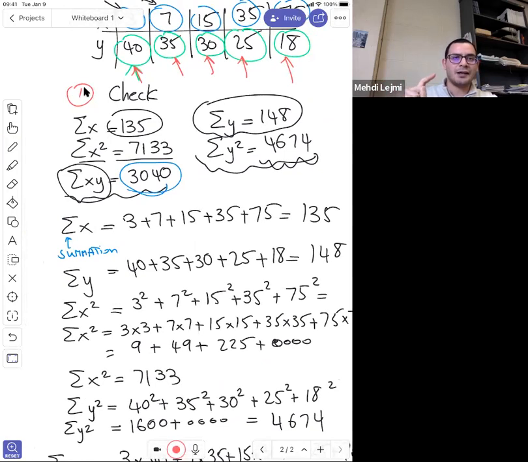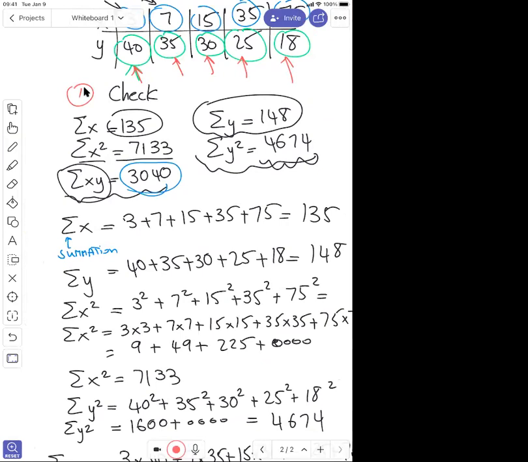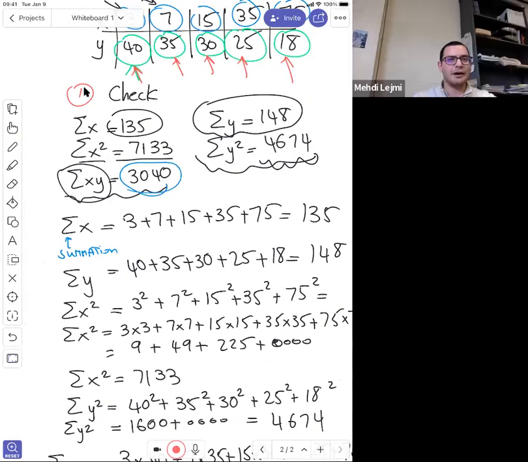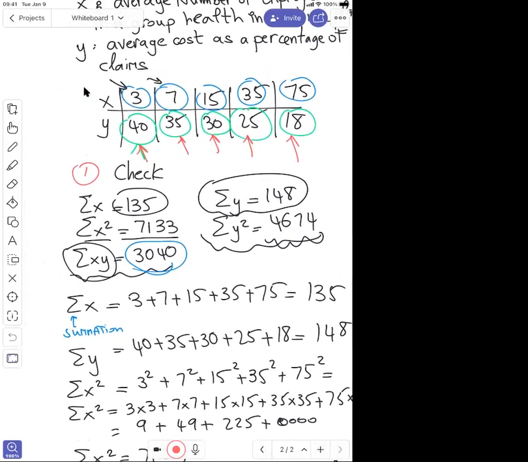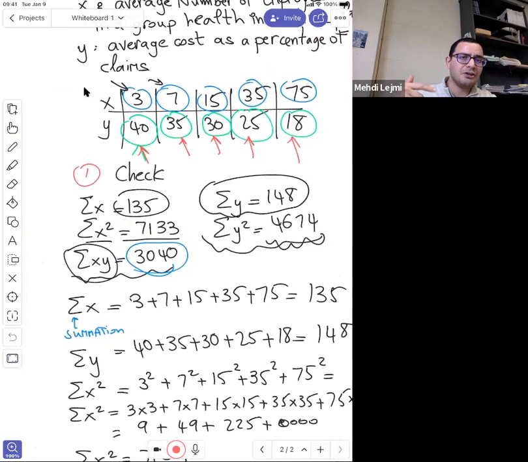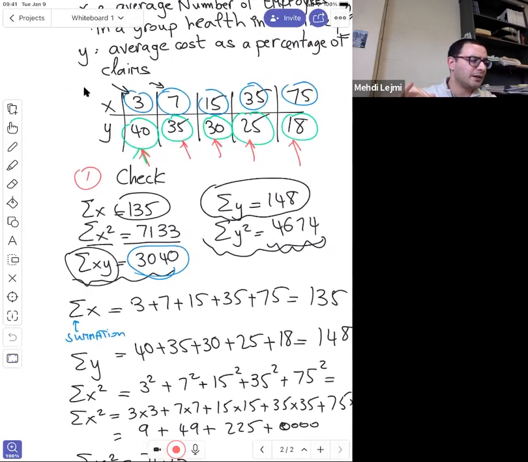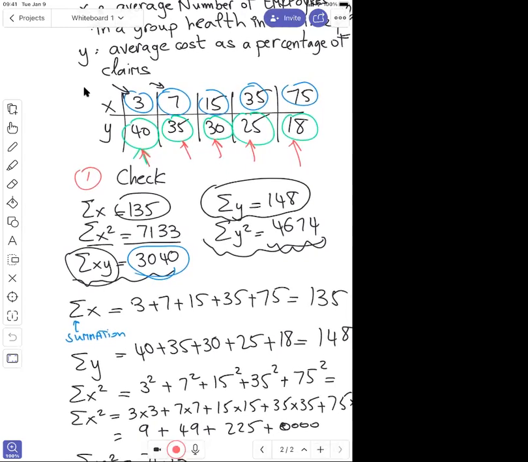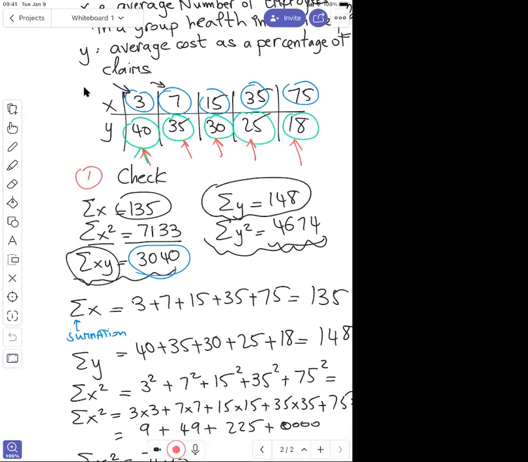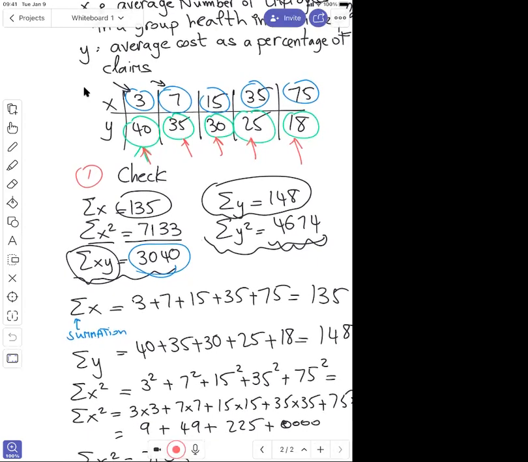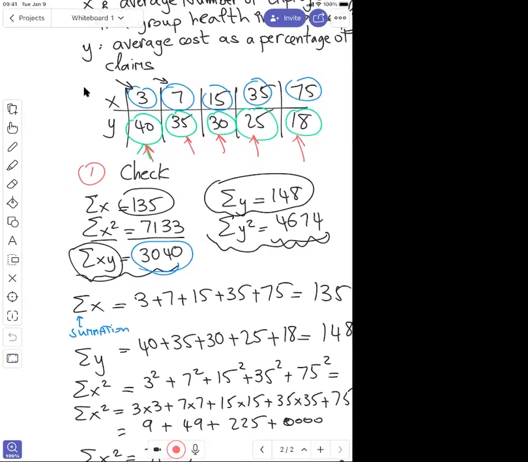A pair is x and y, given by X and Y. In this situation, when you have these two variables, you count how many pairs. Here we have 5, yesterday it was 10. So n will always change.